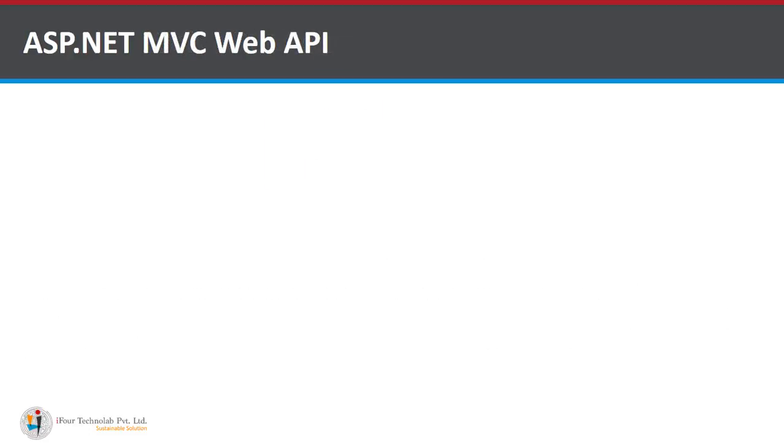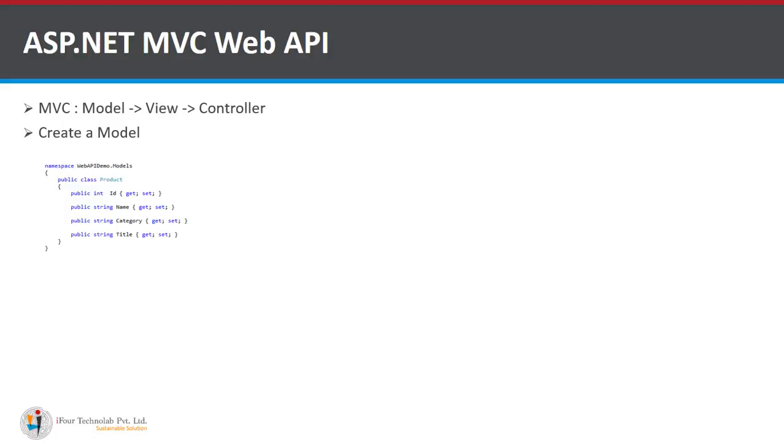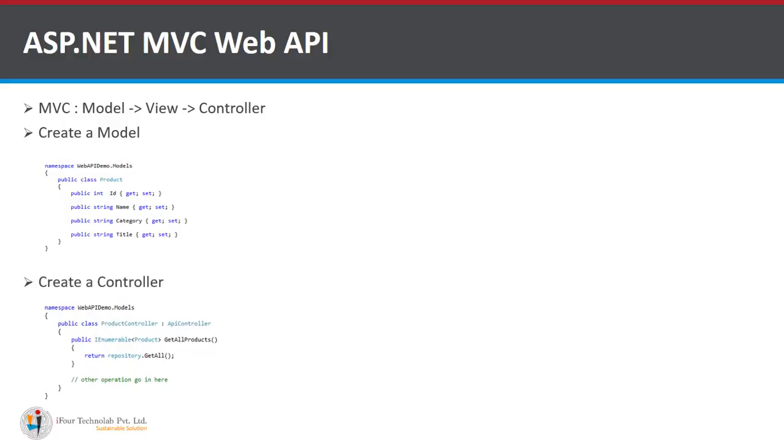Now let's see an example of Web API. You can see there is a public class Product. In that there are four properties: public integer ID, public string Name, public string Category and public string Type. Now how to create a controller. You can see there is a ProductController which inherits ApiController.